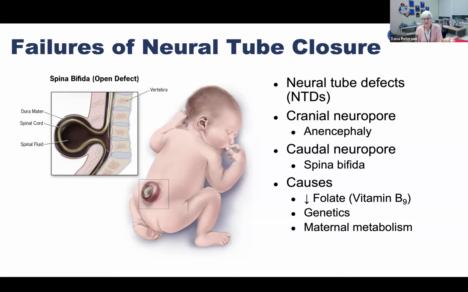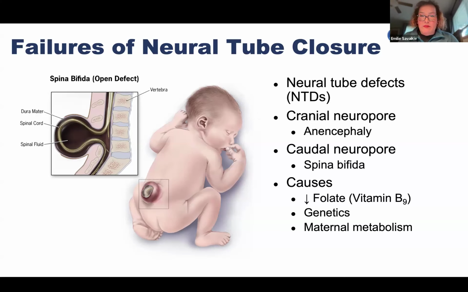So it's just minimizing the amount of damage done to the cord. I haven't actually seen the procedure, but I've heard of it, and it's just absolutely amazing that you can perform surgeries on embryos in utero.